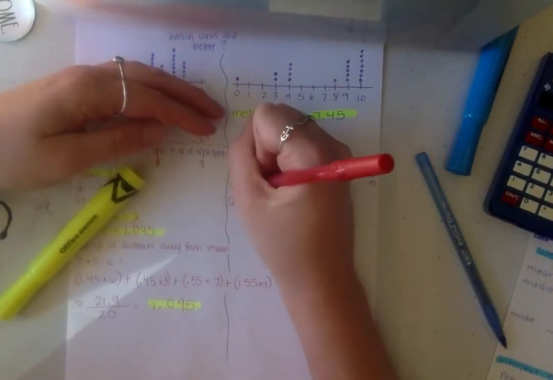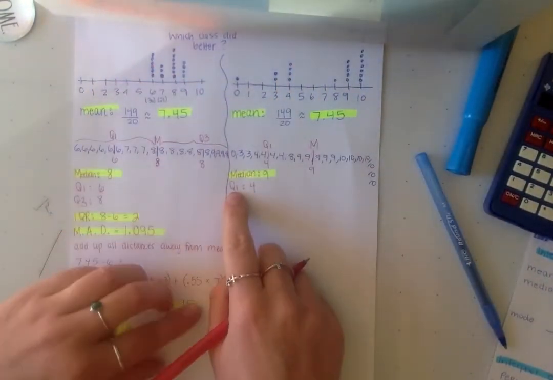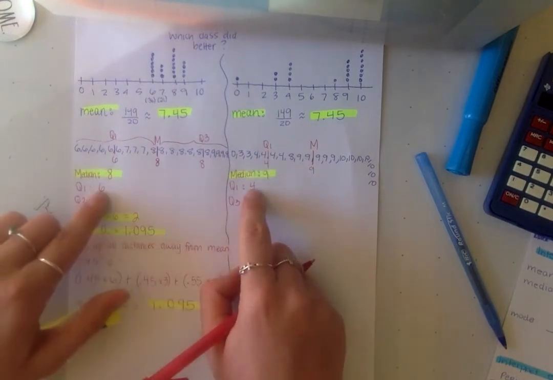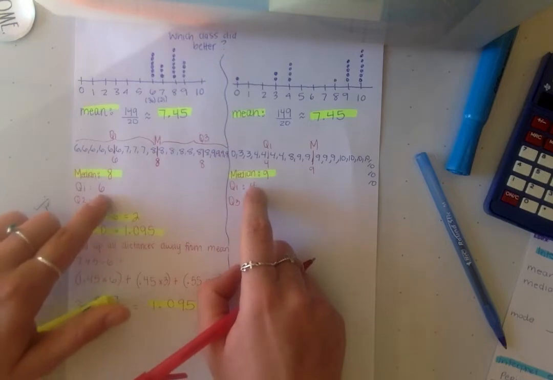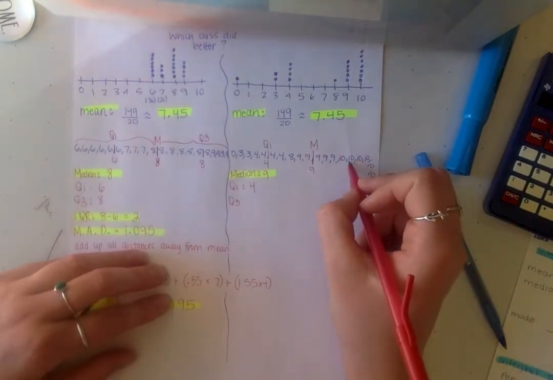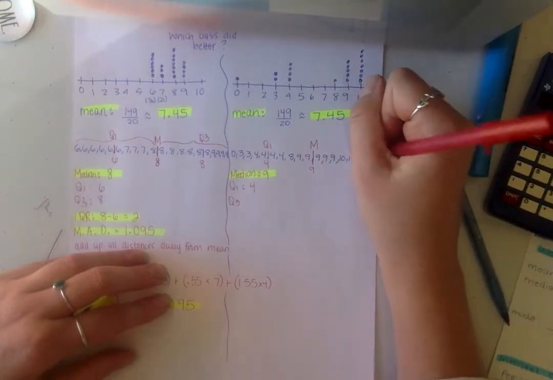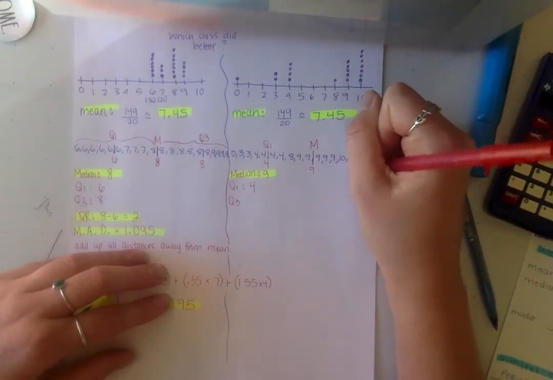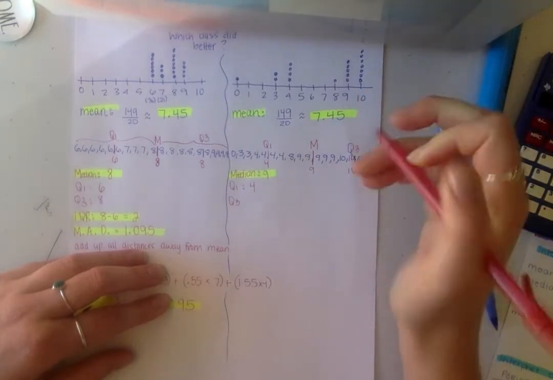So already I'm thinking, see how here my lower half is a lot lower than 6. So 4 is a lot lower than 6. So my middle half is going to be a very drastic difference. But if I go over here, my third quartile is actually right here, and that's 10.